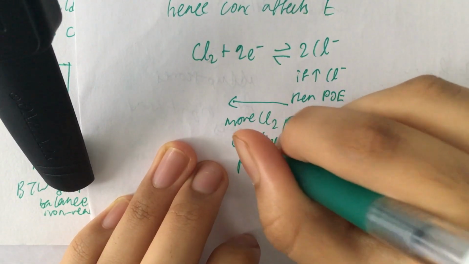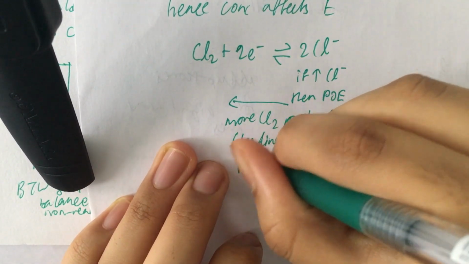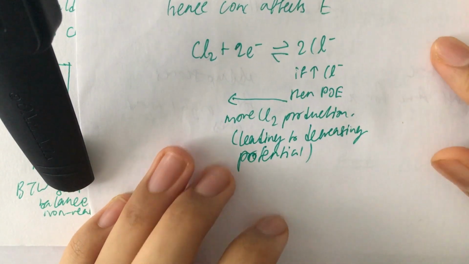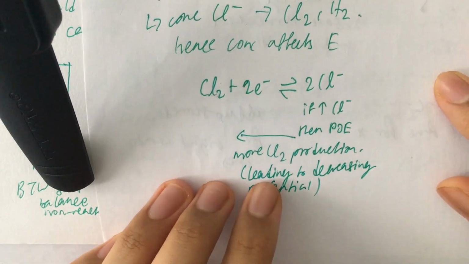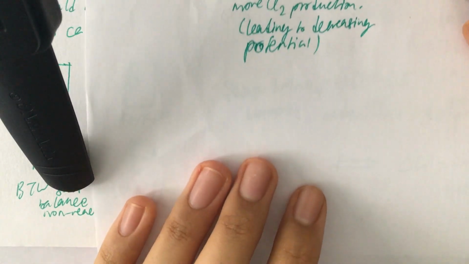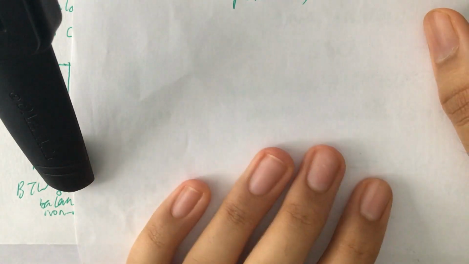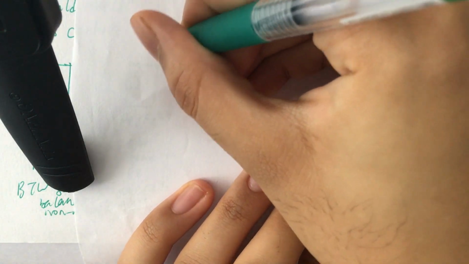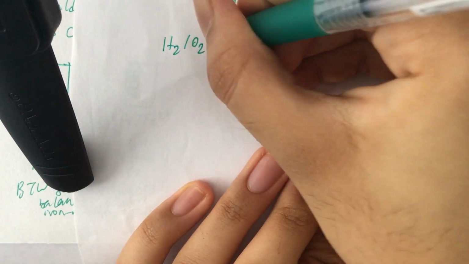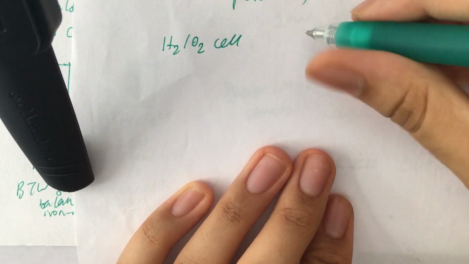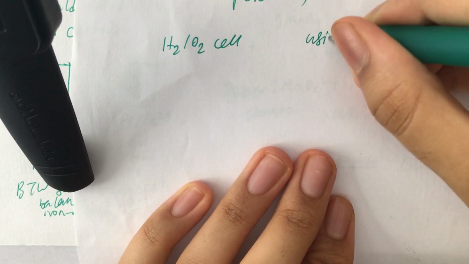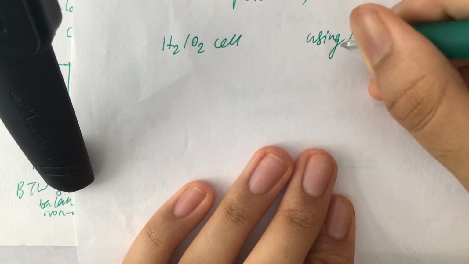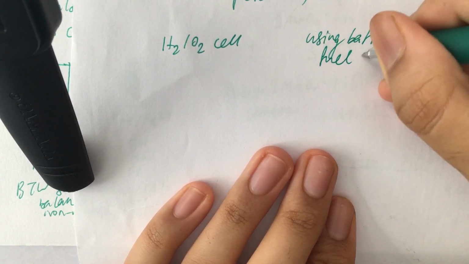Okay, state the possible advantages of developing other types of cells. So this is just a quick aside to real life examples. We have the hydrogen oxygen fuel cell, which is basically using the idea of water electrolysis. And this can be used as like a little battery, and that is actually pretty cool, right?